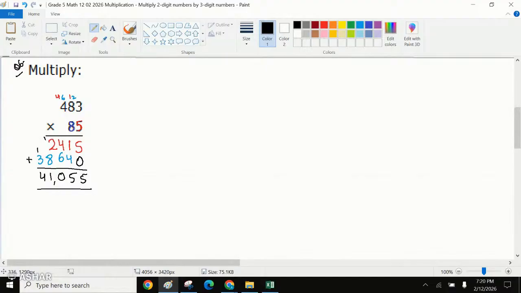Okay, I'll tell you something else now. Please just focus on the next part. If I change the sequence, if I say 85 is to be multiplied by 483, we know that we can do multiplication in any order, A multiplied by B or B multiplied by A. It should have the same answer, right?